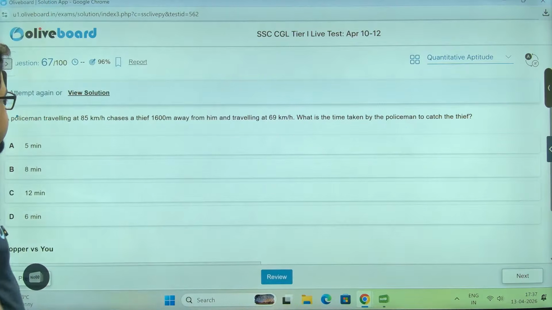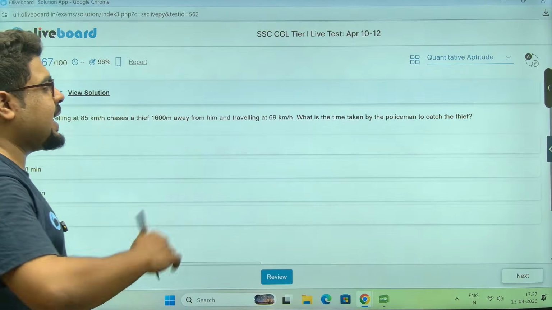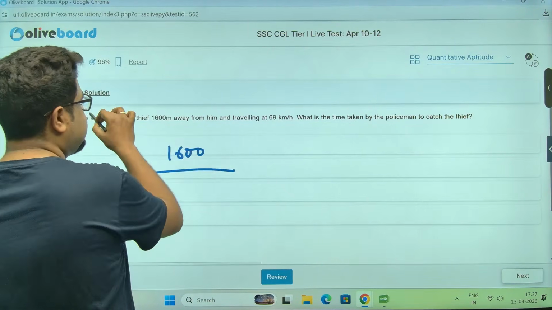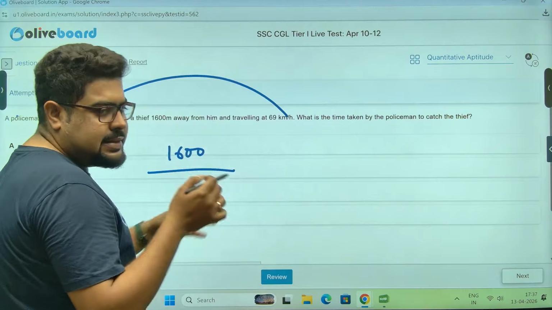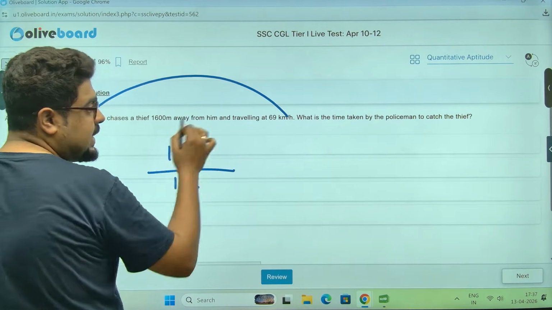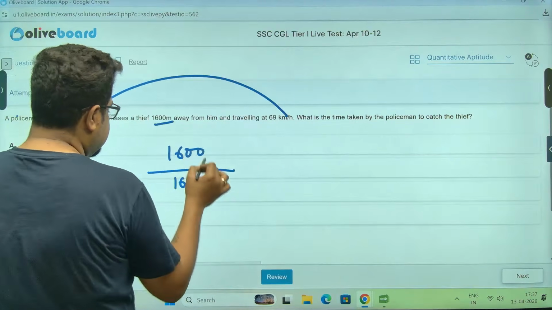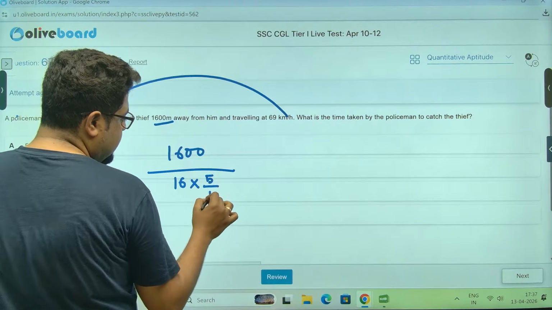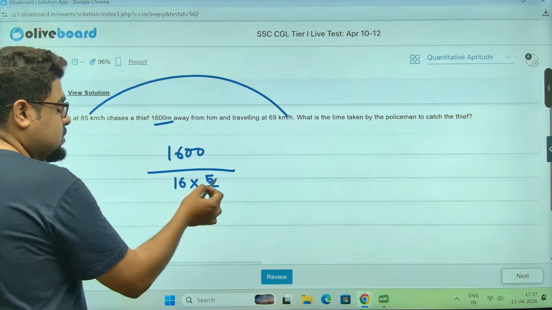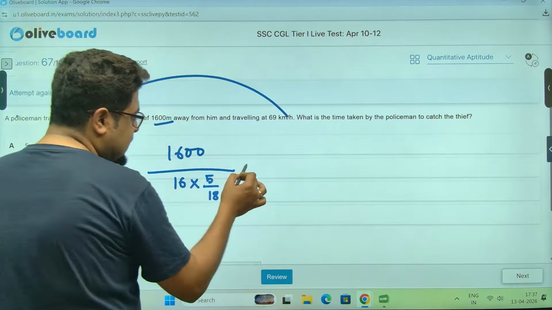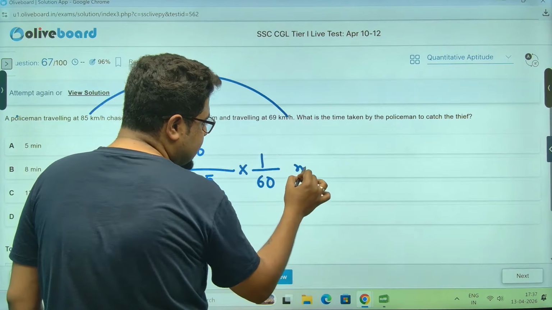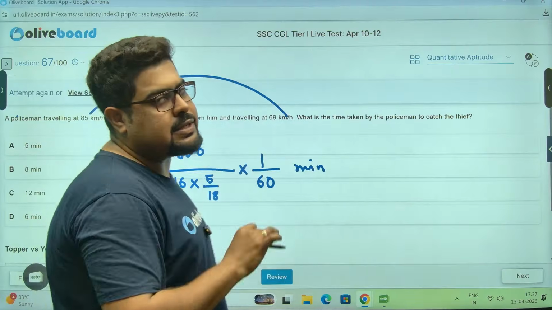Next one, relative speed. They are asking for time taken, so it is distance by relative speed. Chasing means same direction, so relative speed will be the difference: 16 kilometers per hour. The other value is in meters, so convert using 5 by 18 to meters per second. My answer will be in seconds, so dividing by 60 gives minutes. Why minutes?